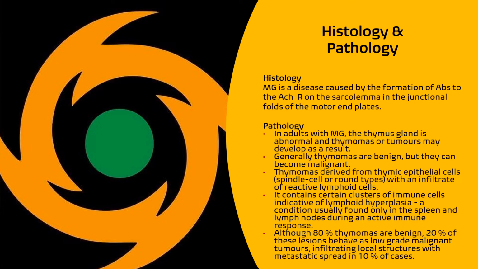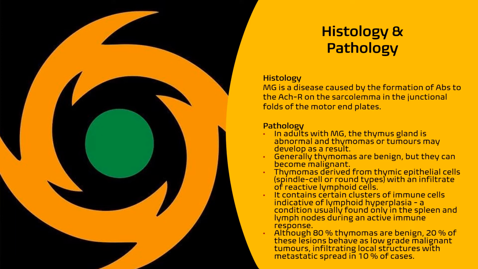And from a pathology basis, in adults with myasthenia gravis, the thymus gland has been identified as being abnormal, and thymomas or tumors may develop as a result of that abnormality.